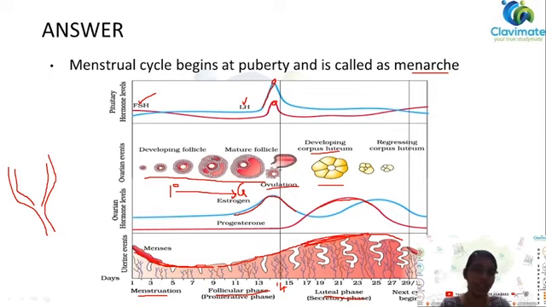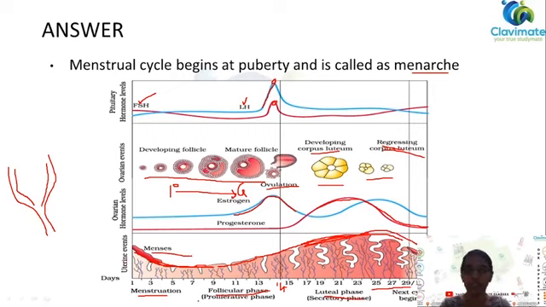After about 25 to 27 days, there is a regressing corpus luteum, that is, the corpus luteum degrades and progesterone level also comes down. So again the menstrual phase occurs, that is, you have menses.